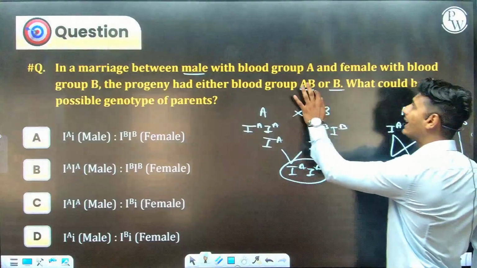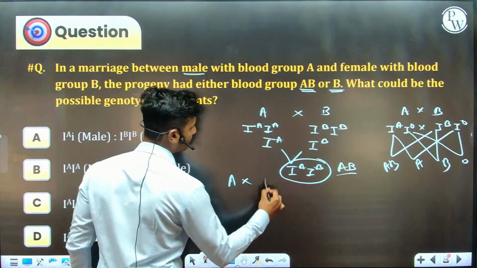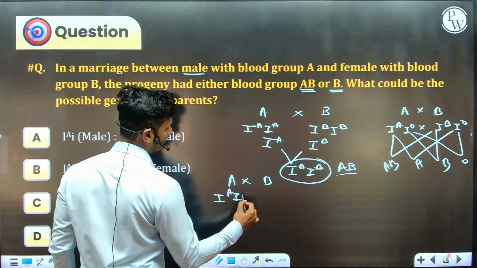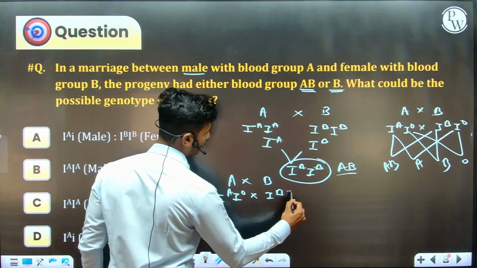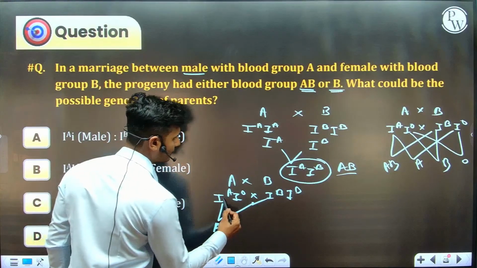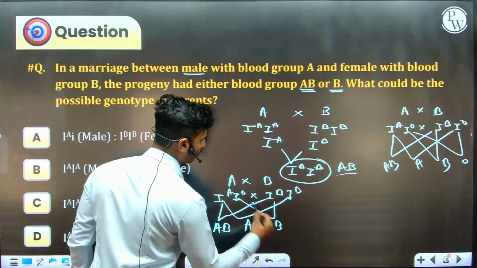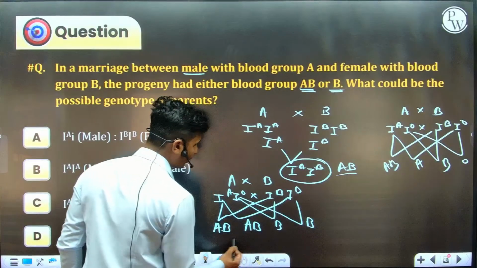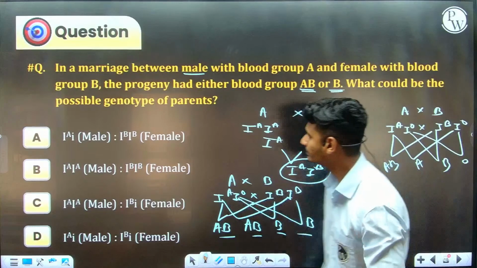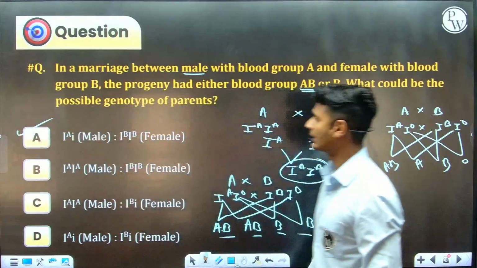So we need only AB and B. Now if we go with the possibility A, IA IO cross with IB IB: first cross blood group AB, second cross blood group AB, third cross blood group B, and fourth cross blood group B. Only AB and B. We need the symbols IO and IB, IB. This is the only correct answer.